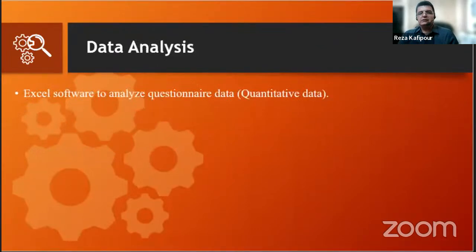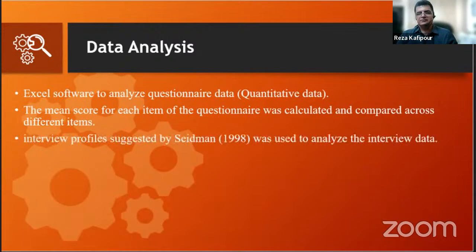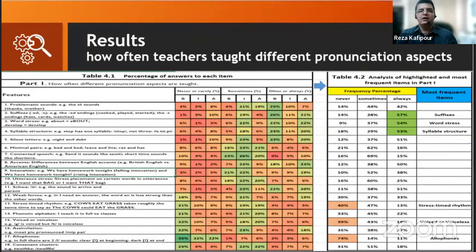And the collected data was analyzed by Excel software, the mean score for each item of the questionnaire was calculated and compared across different items. The interview profile suggested by Seidman was used to analyze the interview data. And now let's go to the results.